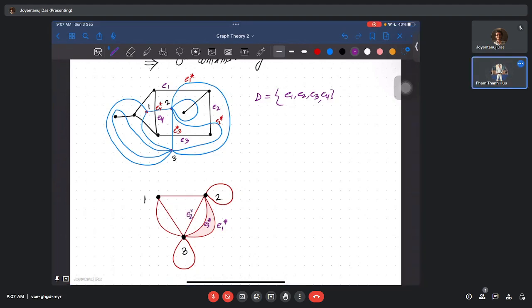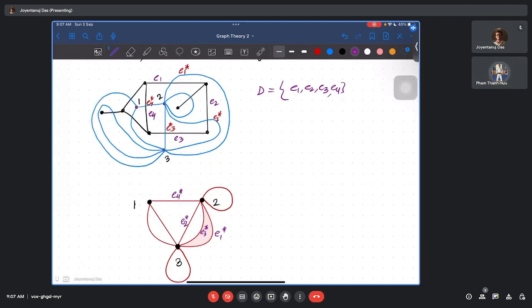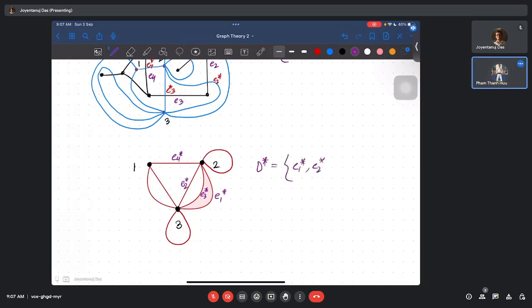And E4 star is between 2 and 1. So D star, the corresponding edges in the dual graph, is E1 star, E2 star, E3 star, and E4 star.